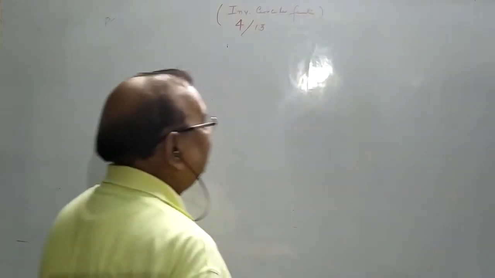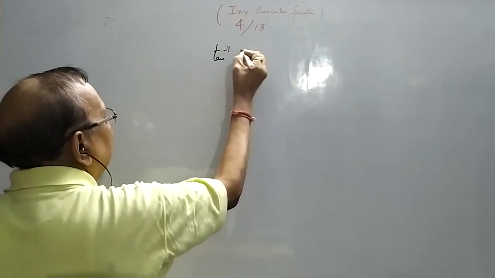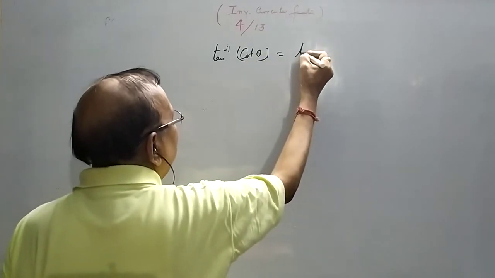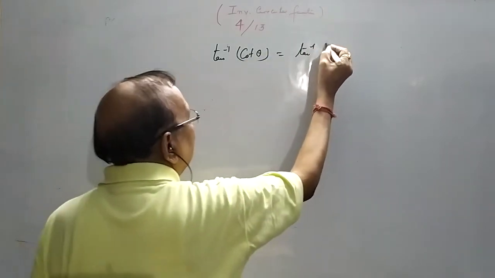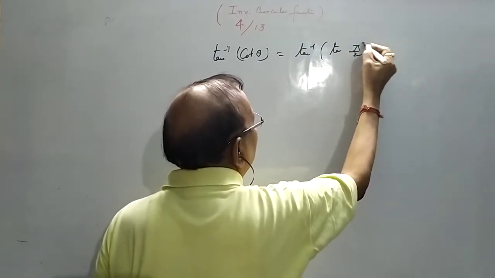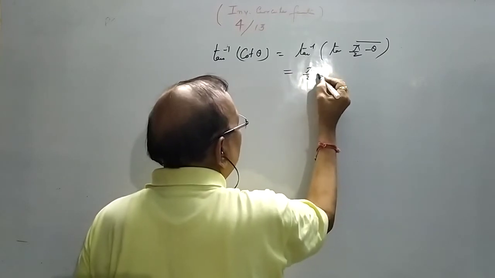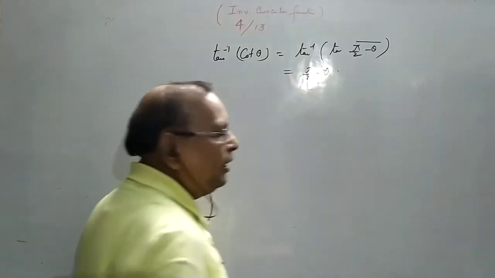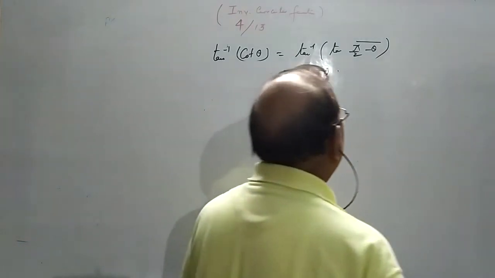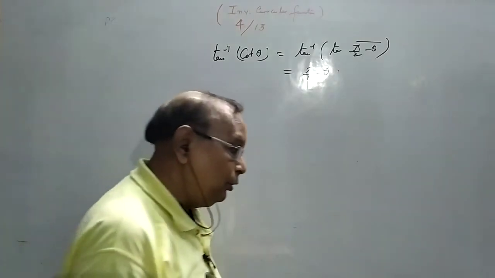If we get tan inverse cot theta, we may convert it to tan inverse tan of pi by 2 minus theta. That is quite simple. That is equal to pi by 2 minus theta. Here, one thing must be noted, that this angle must lie within the principal value.